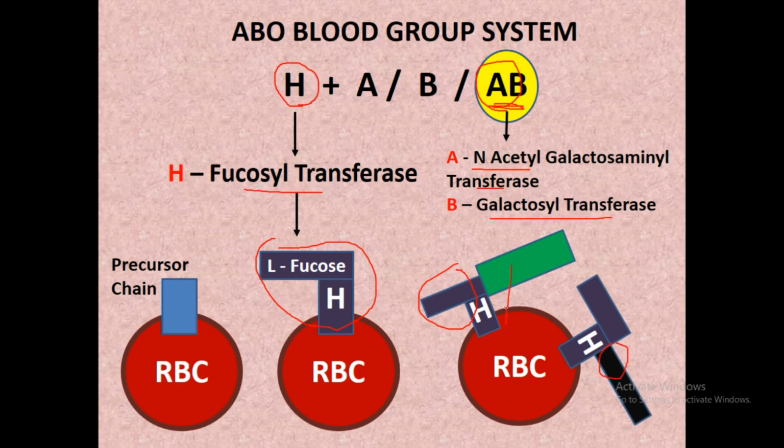So this forms the antigen A or agglutinogen A and this forms the agglutinogen B. So the person having blood group AB, either positive or negative, has both antigen A and antigen B on the surface of RBC.